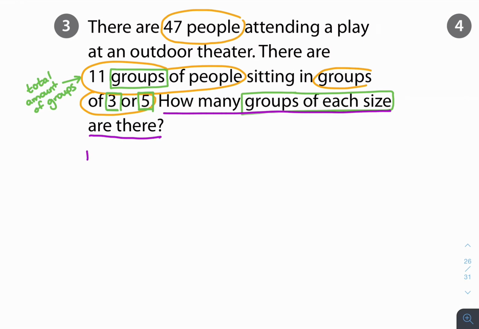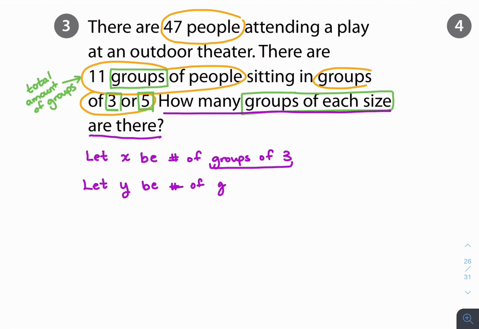So when I define my variables, I'm going to say let x be the number of groups of 3, right? Groups of 3. And then I'm going to say let y be the number of groups of 5. Alright, so my first equation will tell me the total amount of groups, right?